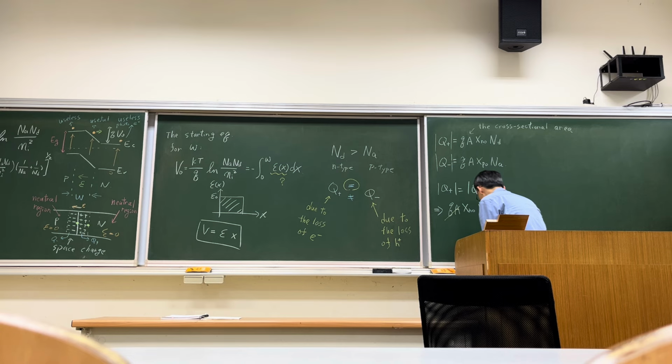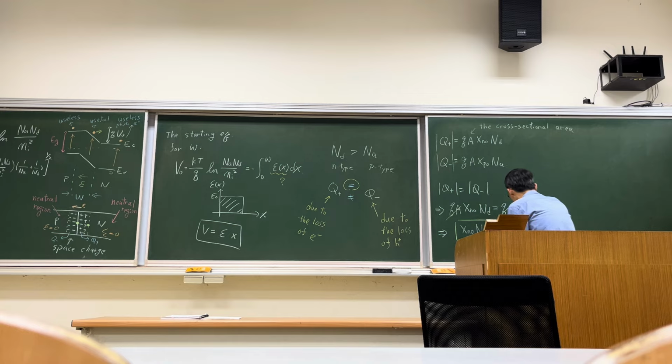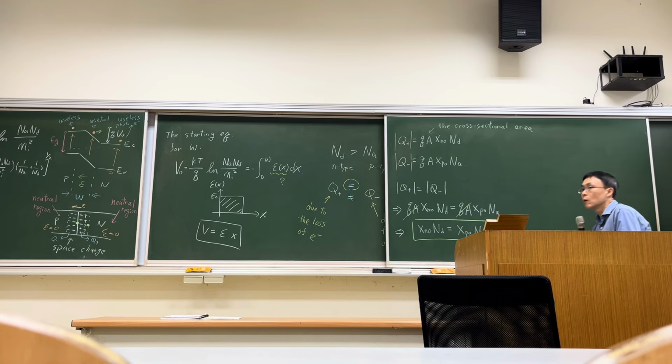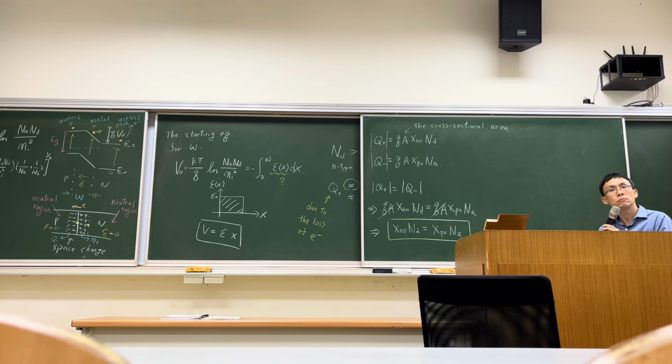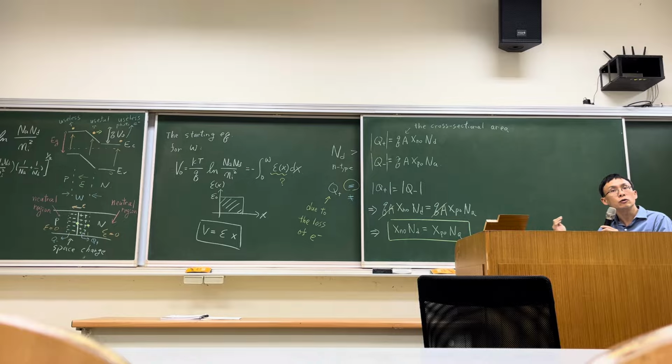And finally, you will see this important equation: x_n0 times N_D equals x_p0 times N_A. What does this green box tell you?